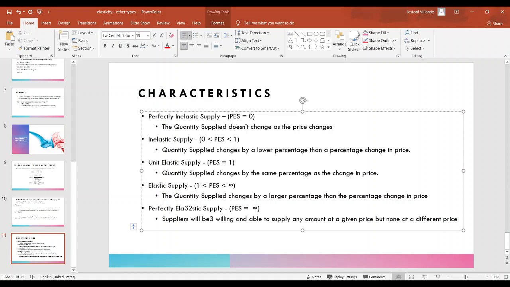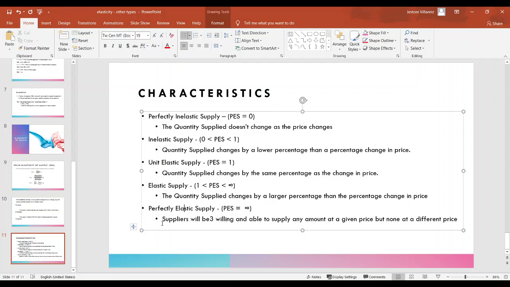And then if your elasticity of supply is greater than 1 but less than infinity, again, infinity is just theoretical ha, because there's no such thing as infinity. Kung sa Bisaya pa ni walay forever. Right, so your elasticity of supply is greater than 1 but less than infinity. It is elastic, meaning that the firm can immediately increase their production if there's an increase in price.